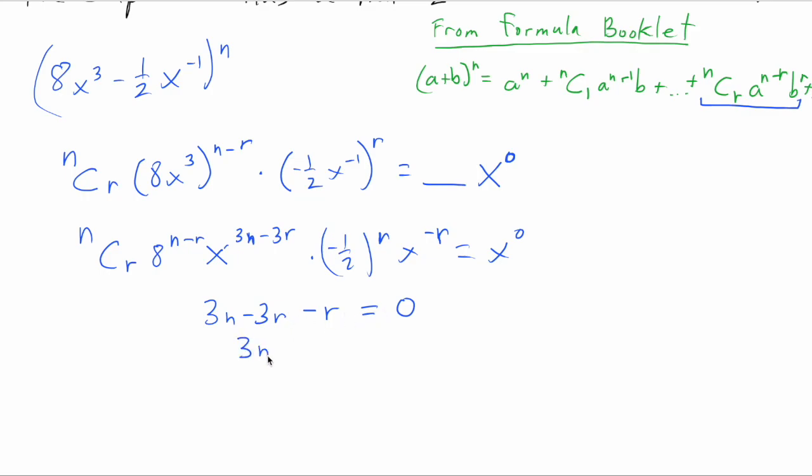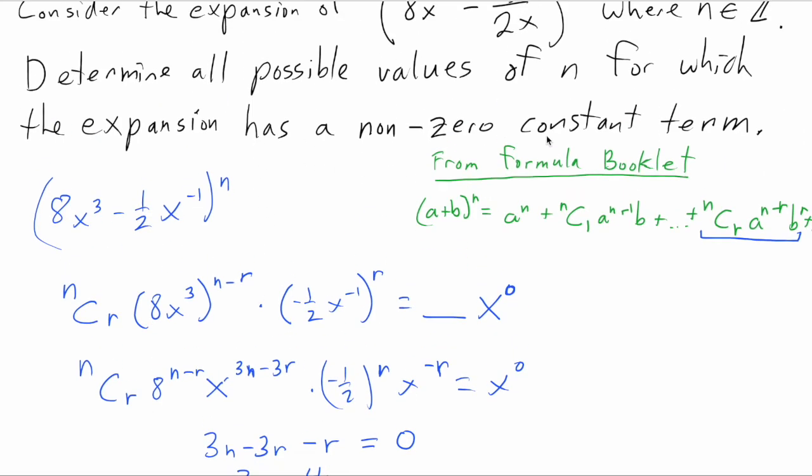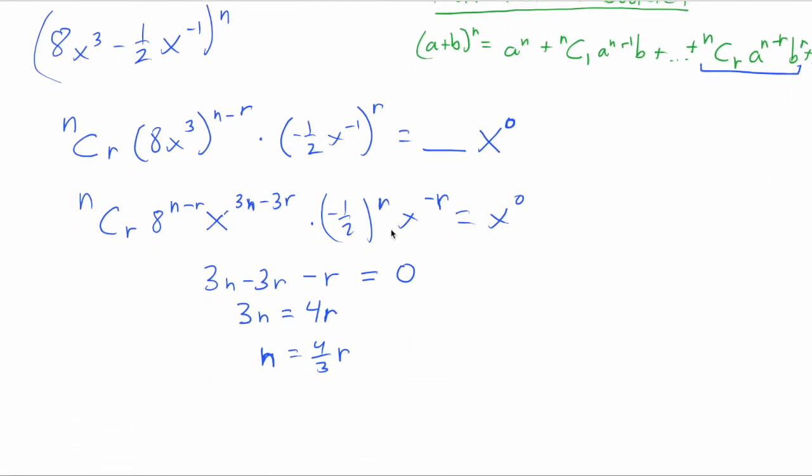So we have 3n equals 4r. Or in other words, n equals 4/3 r. Okay. So the key to this problem, I guess, is n has to be a whole number in this binomial expansion, right? n has to be a positive integer.